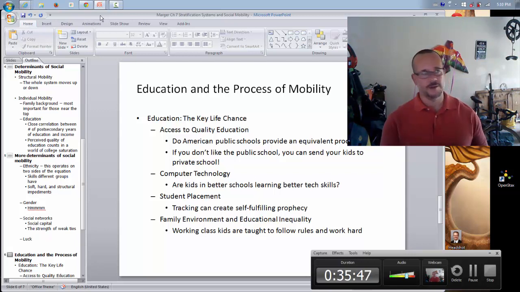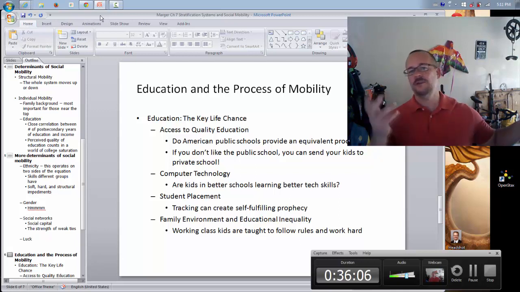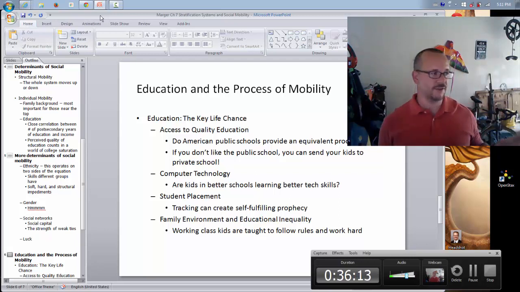One of my favorite experiments on this was, I hope you'll be able to find it if you go looking for it, a tracking experiment. Some researchers took some kids in a grade school, randomly drew a certain percentage of them, we'll say 10% just for fun, and decided that they would be, quote-unquote, gifted.